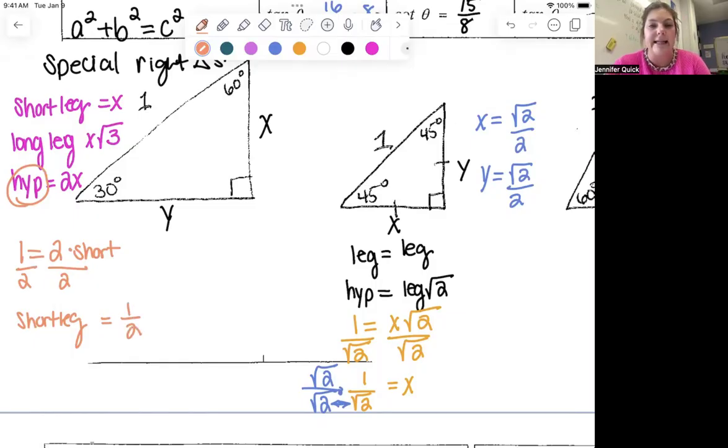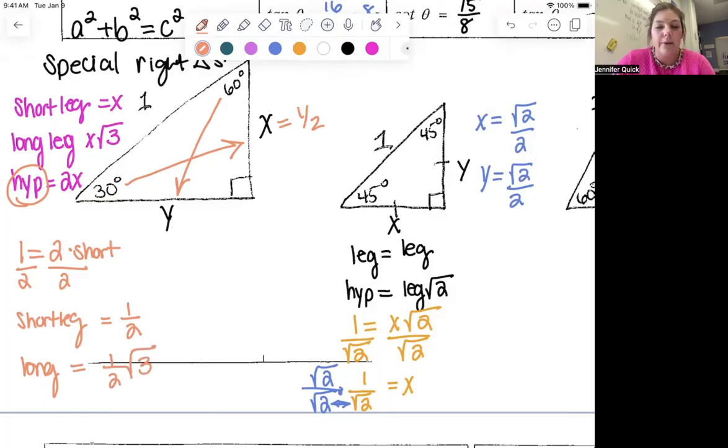Now, in this case, the short leg is the one that's across from the smallest angle. That is a property of triangles. So the short leg would be equal to 1/2, and then the long leg would be equal to 1/2 times the square root of 3. Now, we're not going to write 1/2 times square root of 3. We're going to make sure that we write it appropriately.